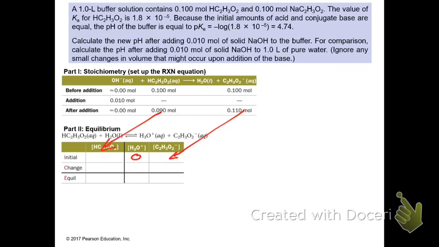So that would be 0.09 here, 0.110 here, minus x, plus x, plus x. All right, and then find the equilibrium as a function of x. There you go. And then here's the cleaner version.